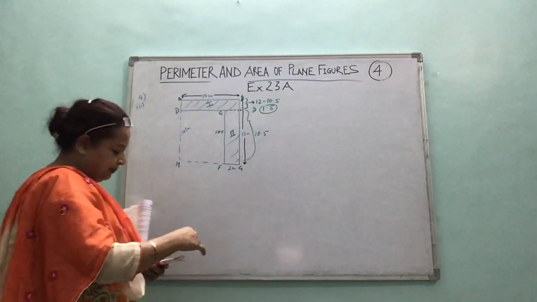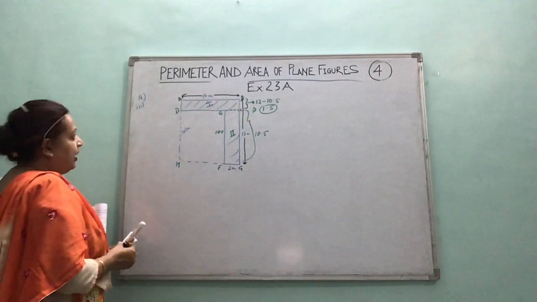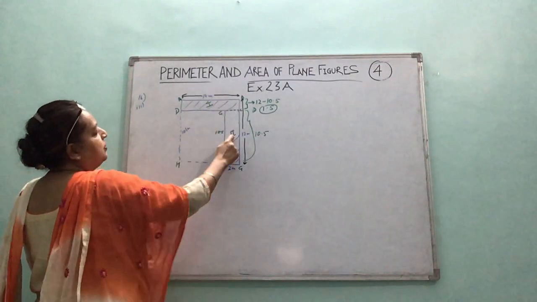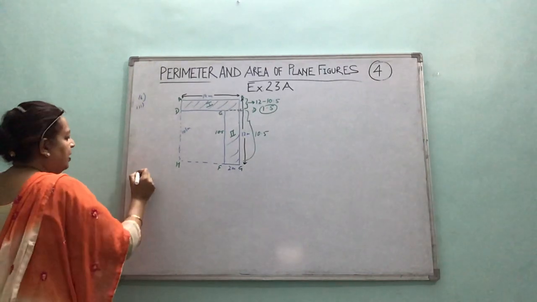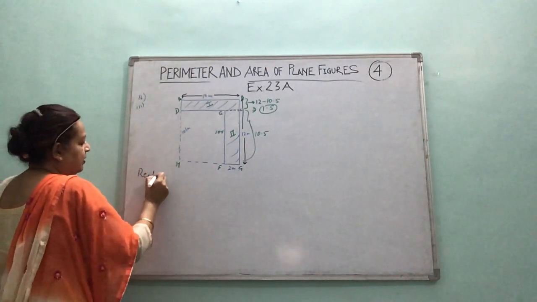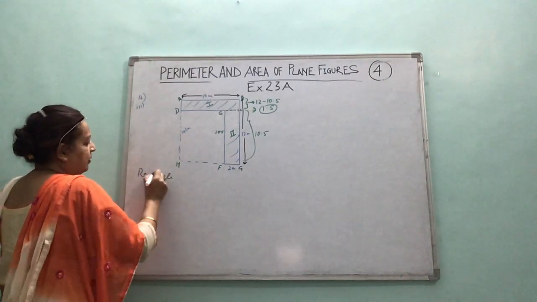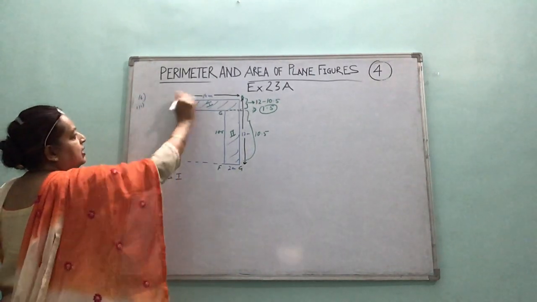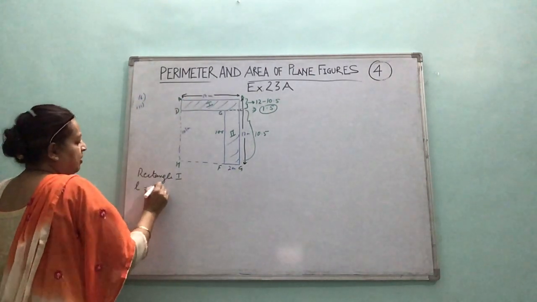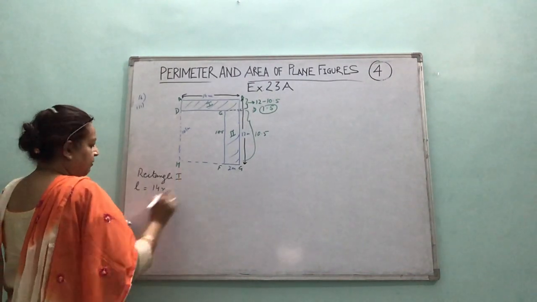So first, since it's easier to write 1 and 2, I will proceed like that. Rectangle 1. Length is 14 meter, which is already given.